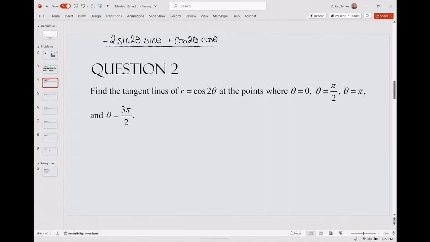Then x times x of theta, which is r cosine of theta, plus y of theta, r times sine of theta. All right, so that's the form of our tangent line.